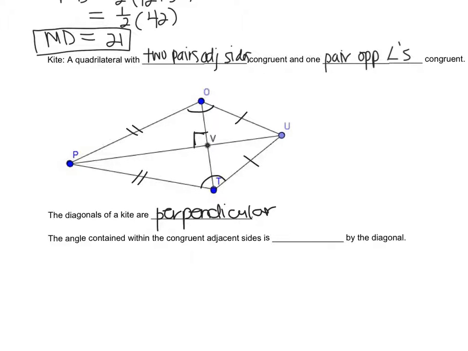We also know that the angle contained within the congruent adjacent sides is bisected by the diagonal. So what that means is that angle U and angle P are bisected by our diagonal. So it creates congruent angles when the diagonal passes through those angles.